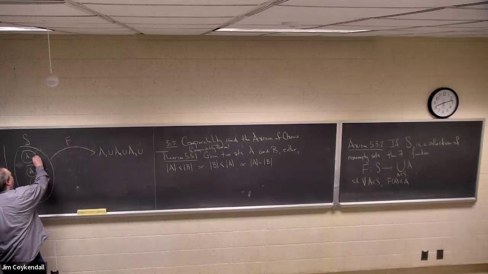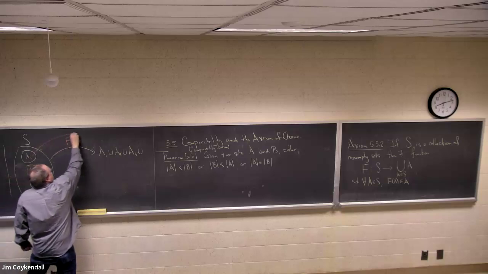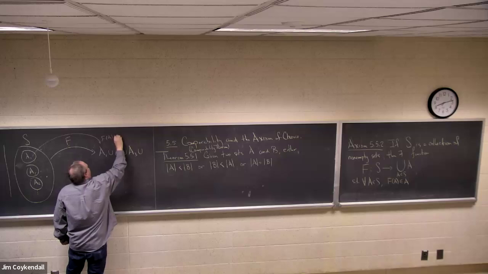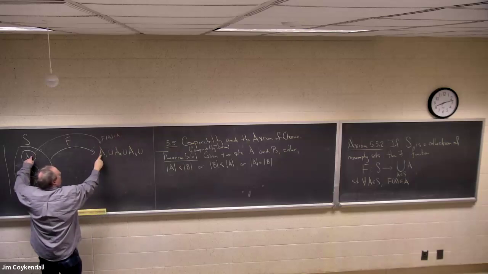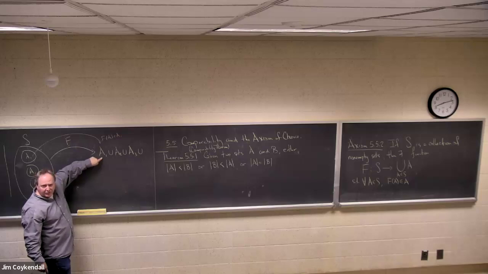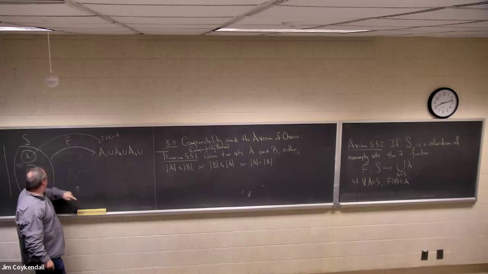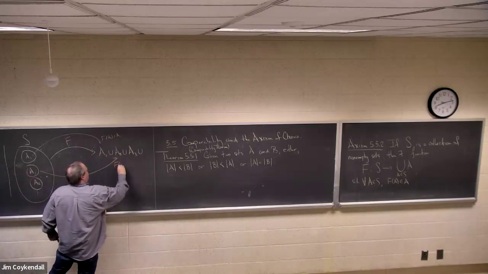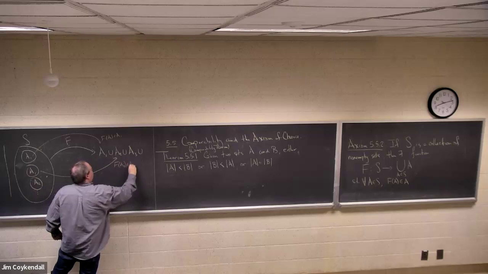So given any A1, f of A1 has to be in here. What is it? It's an element of A1. And this is what I mean by making my choice here. f of A2 is an element of A2.